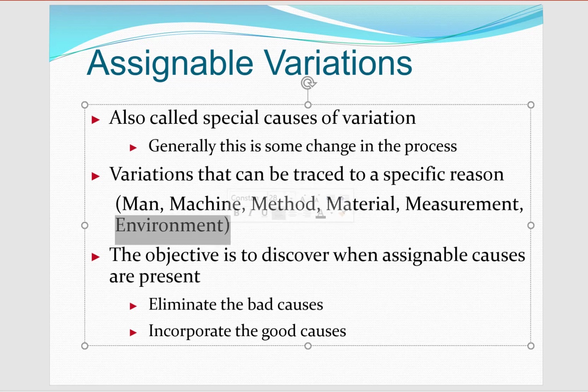Environment would be, for instance, if there is a power surge or if there is too much humidity or too much illumination or whatever that is causing too much variation to be present.